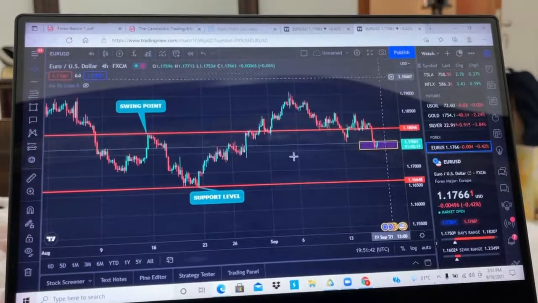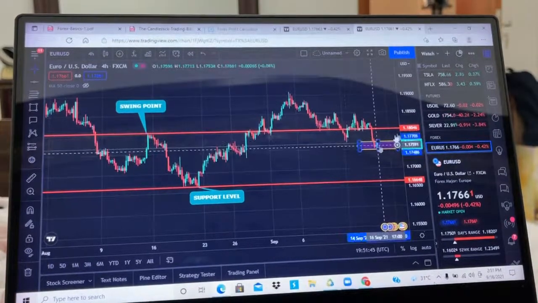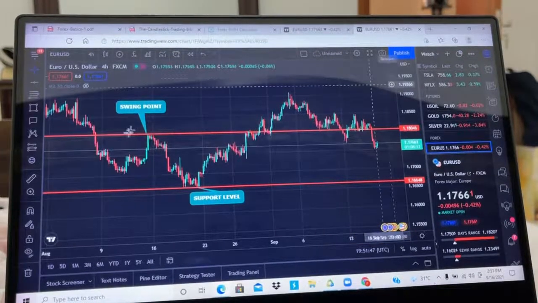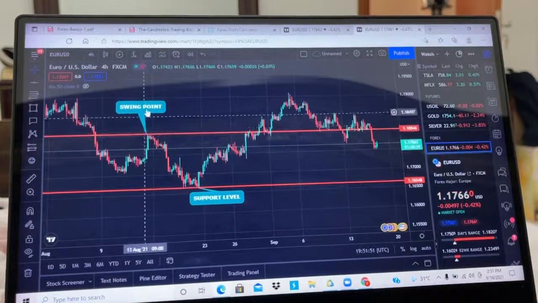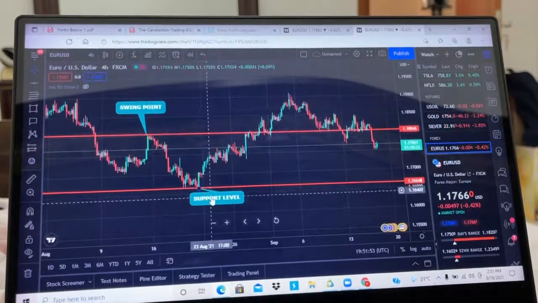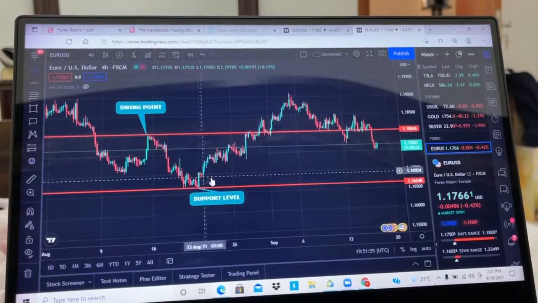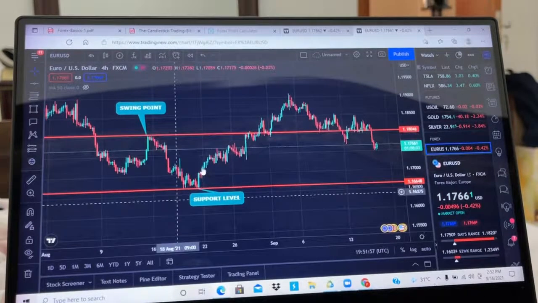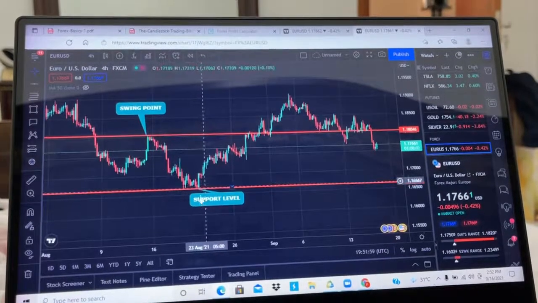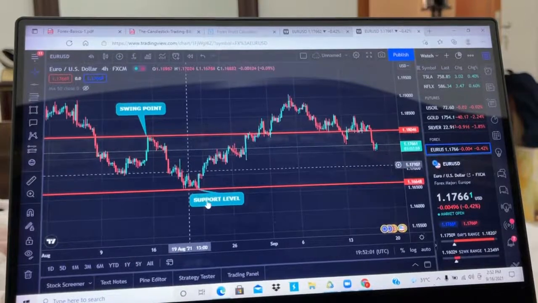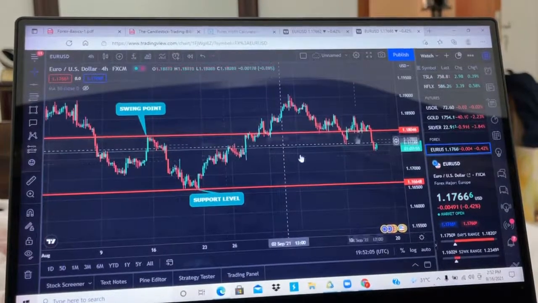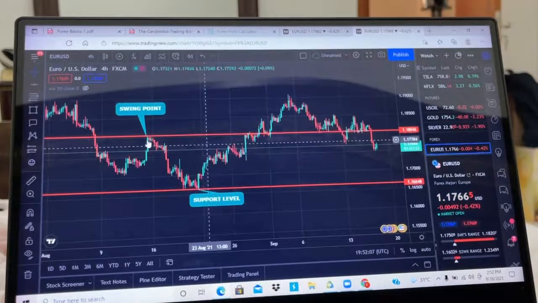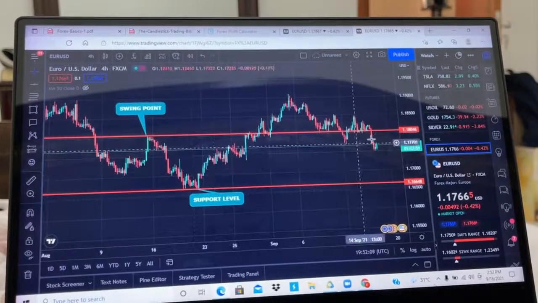Okay. All right. So you just remove this. But the general concept and idea is looking at the swing points and the support, which is the reversal. Those are the areas you should be focusing on. Let's say we did our swing point and our support here. You won't be making any money because this information is not useful for you over here.